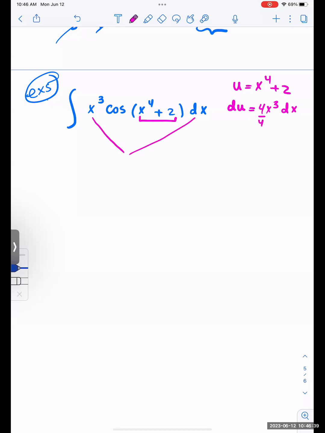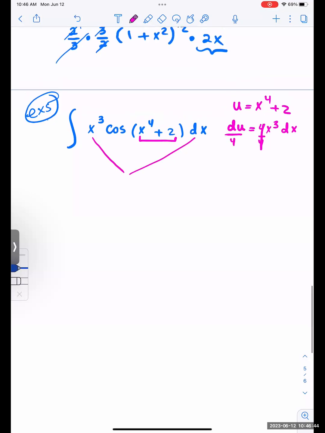So for the x cubed dx, I divide both sides by 4. So instead of x cubed dx, because that's what I have here, I replace it by du over 4. And then I have the integral of cosine of u.